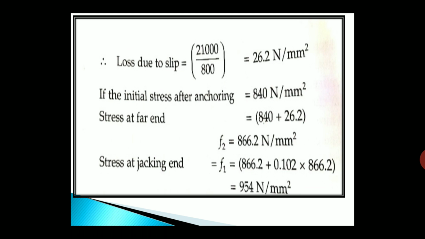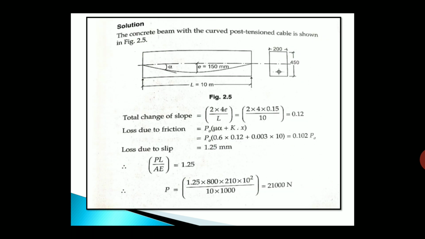So here F1 will be equal to 840, which is the initial stress, plus 26.2, which gives you an answer of 866.2, plus 0.102 into F2. Now we have got the relation on the previous page, that is, the loss due to friction is equal to 0.102 into P0.